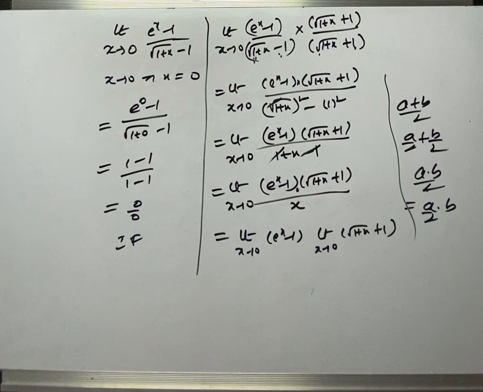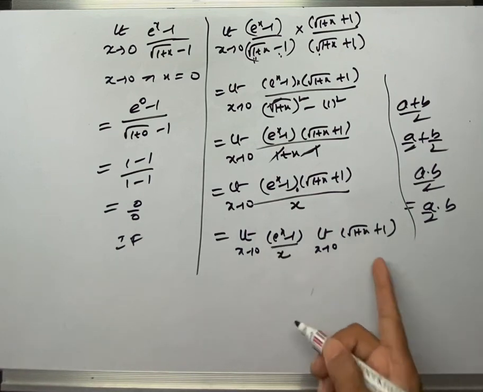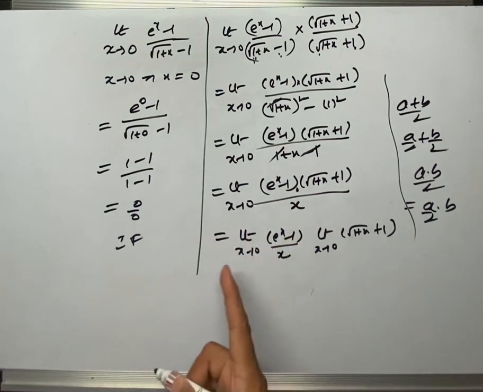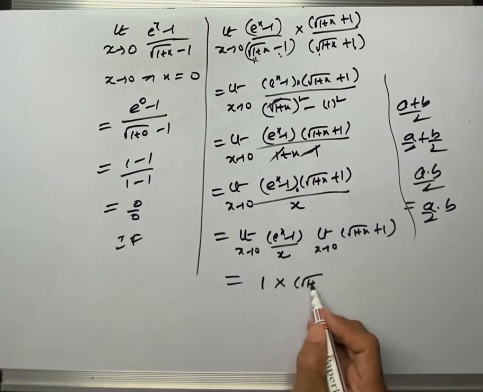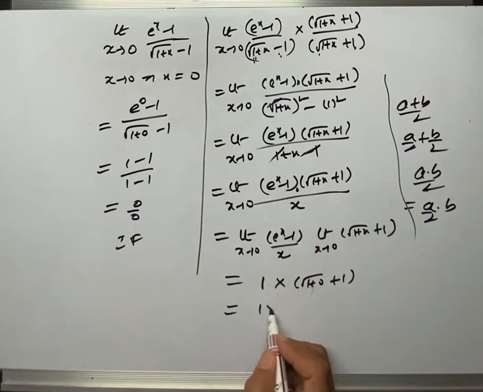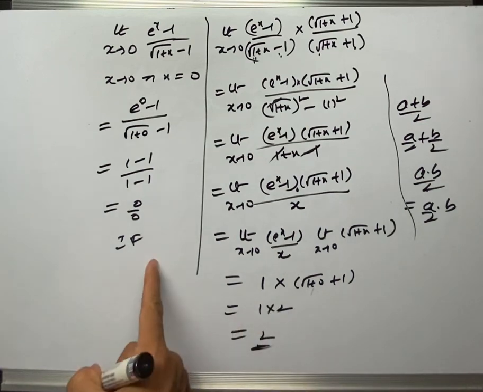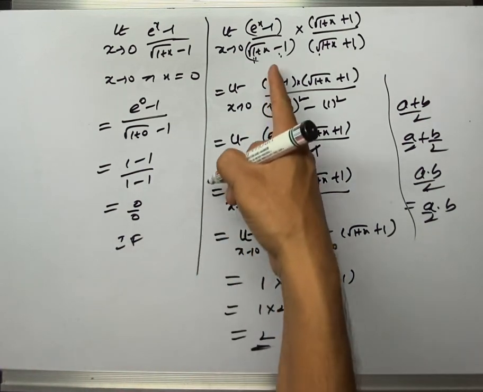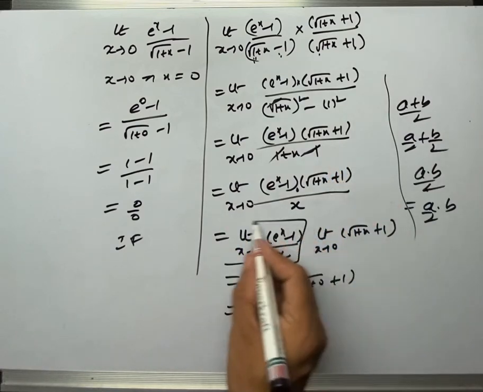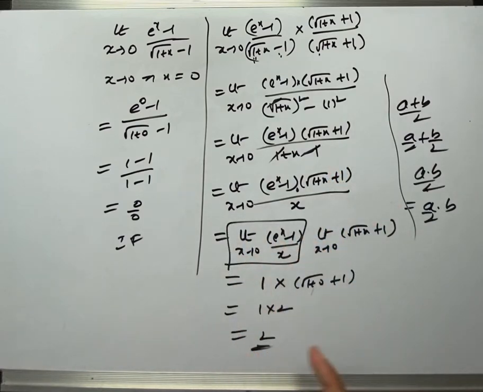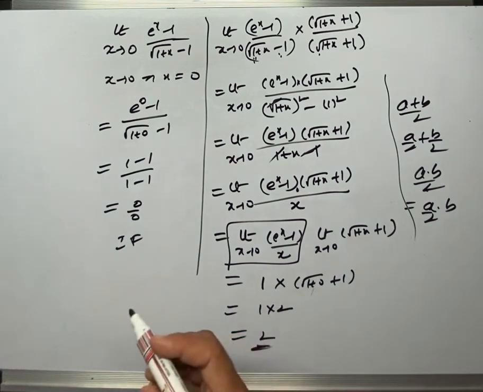So I'll give x for this one. Why not for this? Because it looks like a formula: e power x minus 1 by x is 1. And here we'll substitute the value. Now we'll not get any 0 by 0 form like this. Why? Because by seeing root we have rationalized. Then at the time of splitting we find one standard limit in this one. That's the reason we'll not get any 0 by 0. So you have to complete this.